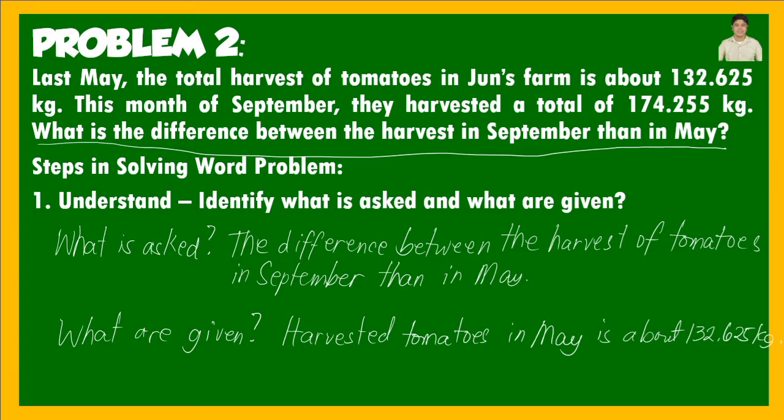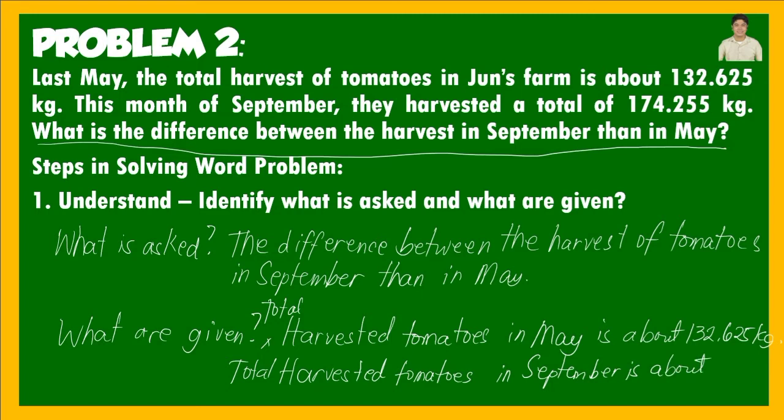And then harvested tomatoes, so pwede natin ilagay yung total. So total harvested in September is about 174.255 kilograms. Ayan.